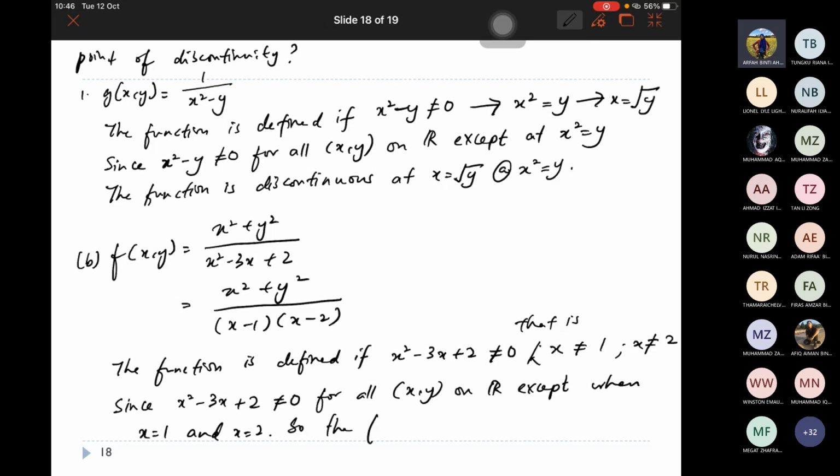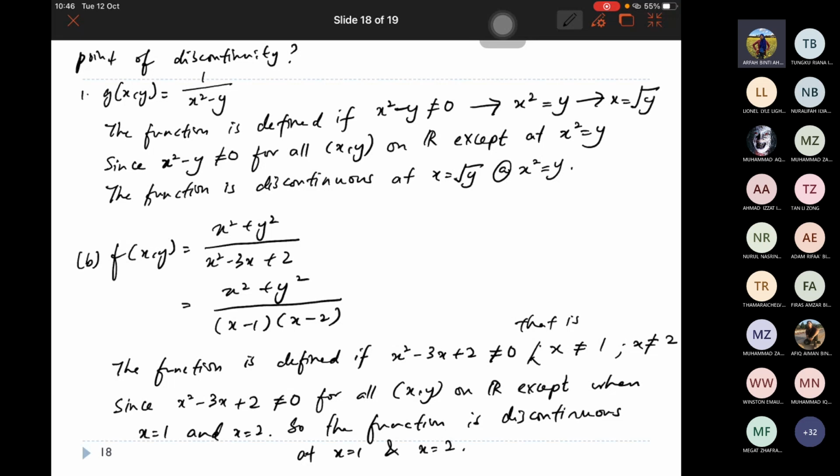So, the function is discontinuous at x equal to 1 and x equal to 2. Di situlah dia punya point of discontinuity for the function.